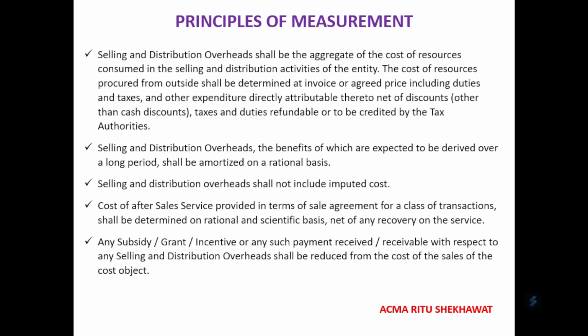We are availing that service from outside. Then the transporter will give us an invoice or an agreed price. That should be valued at the invoice and agreed price plus duties and taxes, if any, and net of any discount, or any ITC available on tax which is refundable. It should be net of that.